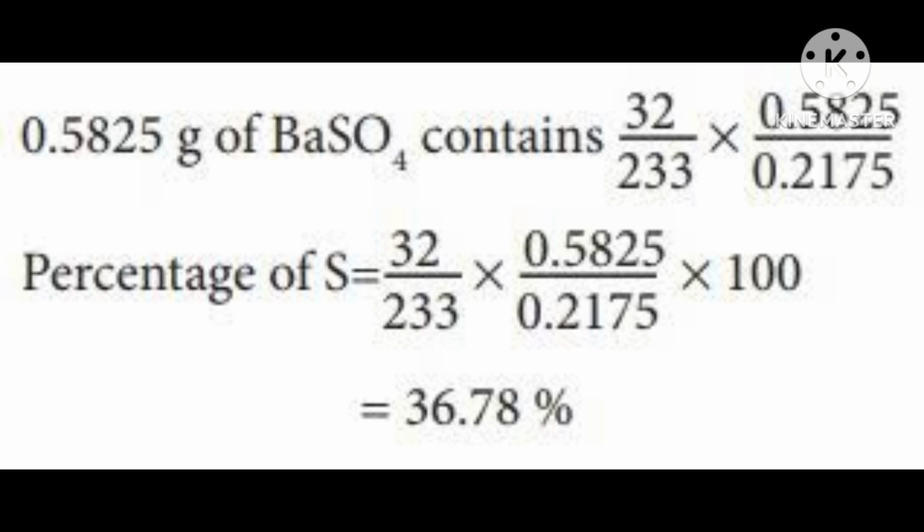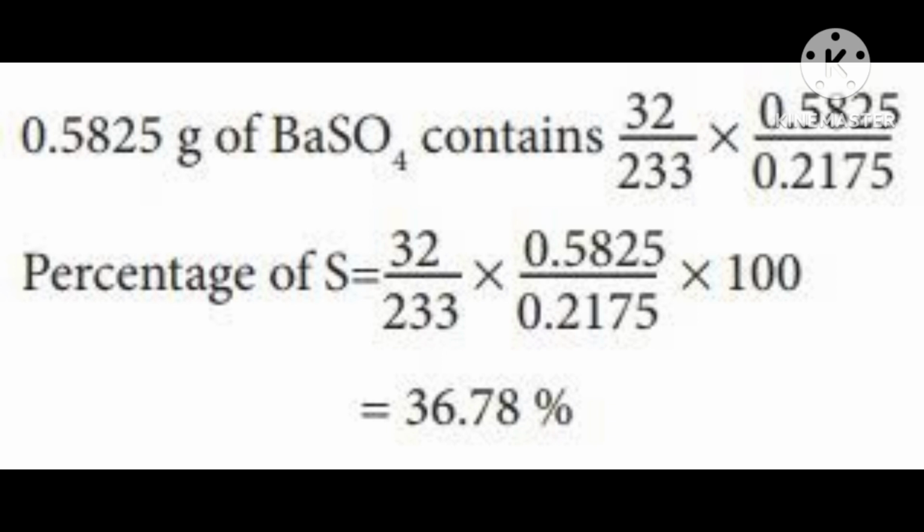Then easily you can calculate. 1 gram, how much? 80 divided by 188. Then what was the weight given for silver bromide? 0.12 gram.